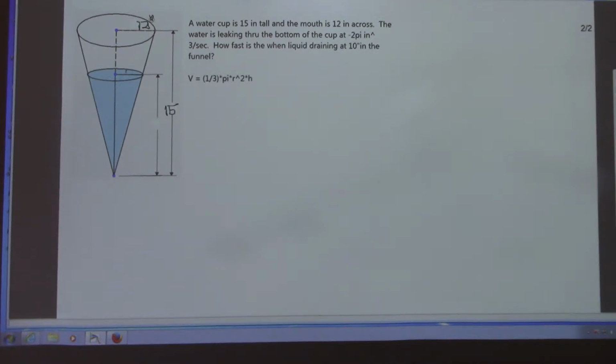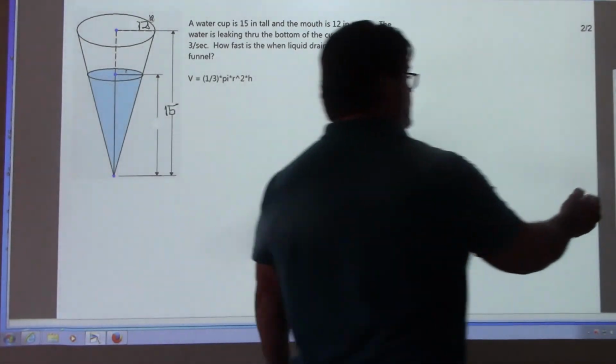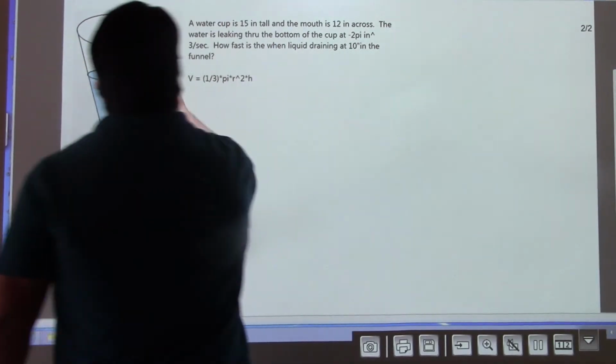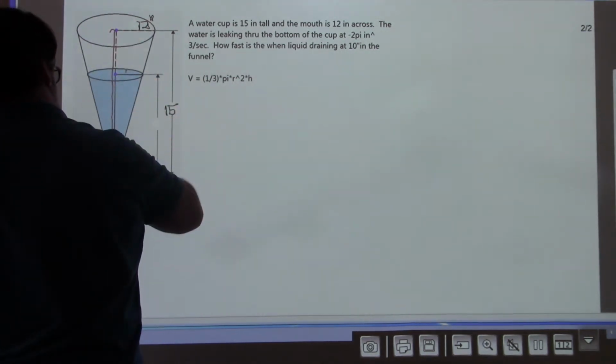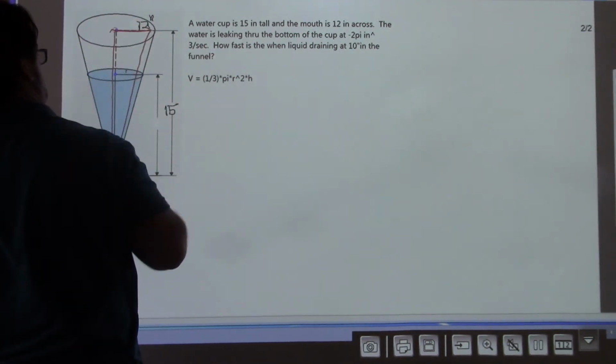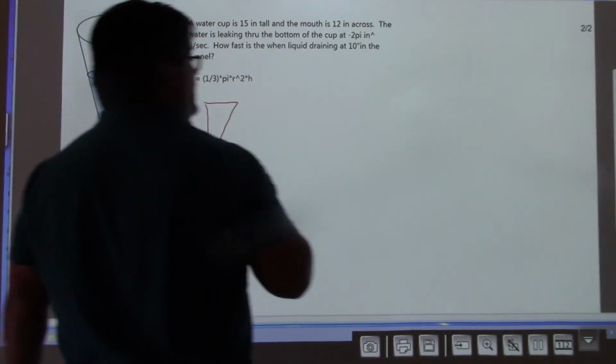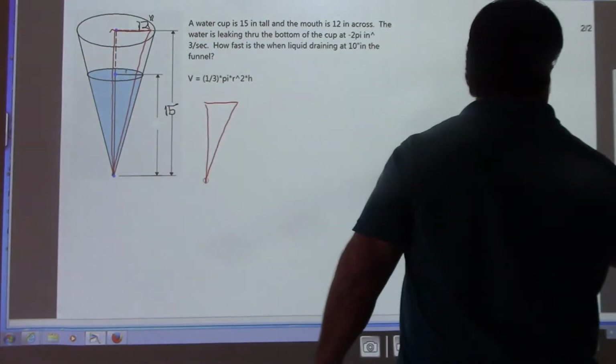All right, so set up your similar triangles. I'm just going to draw these out. Here's my large one, and my smaller one I'll do in blue.